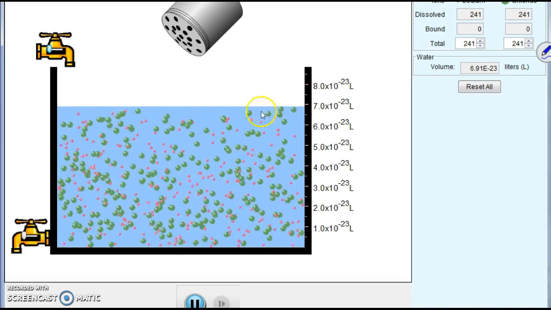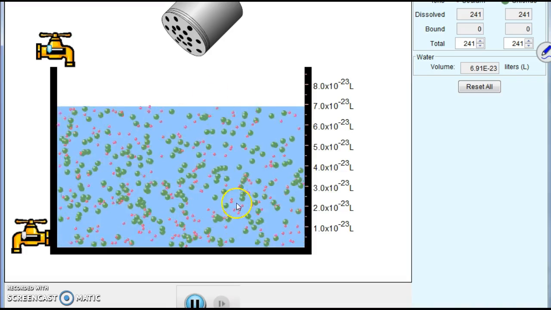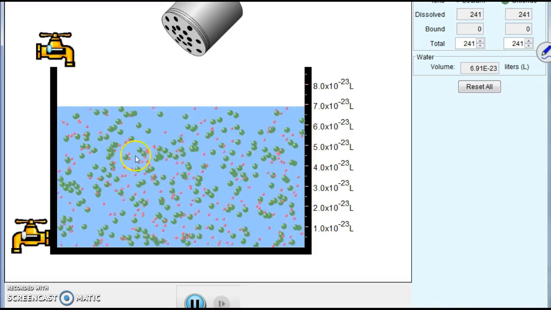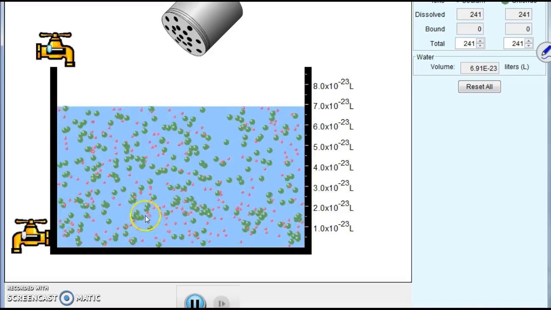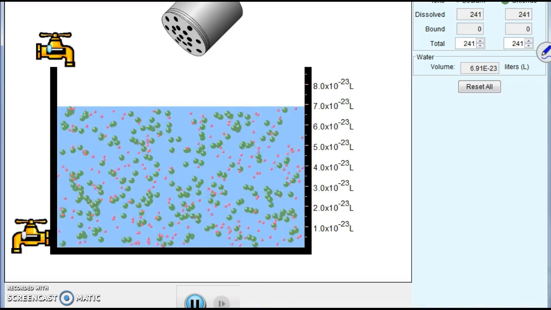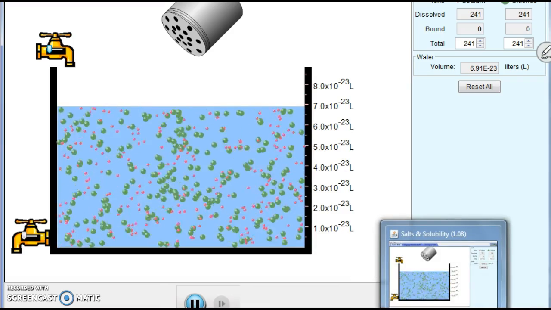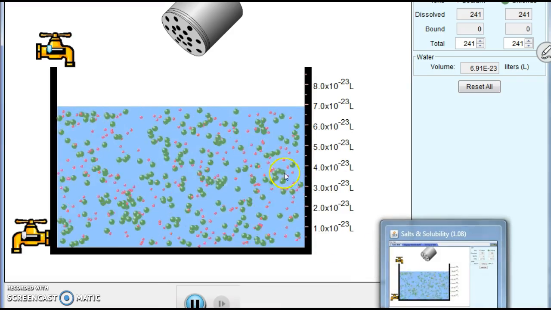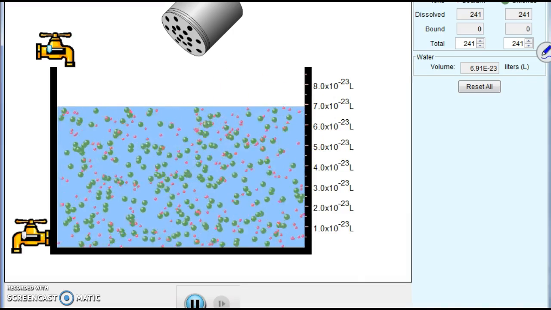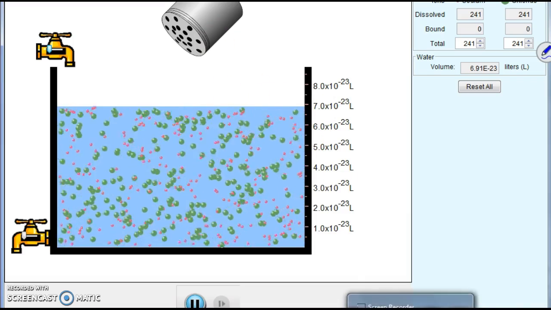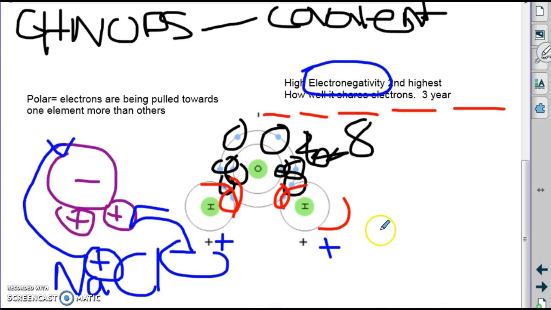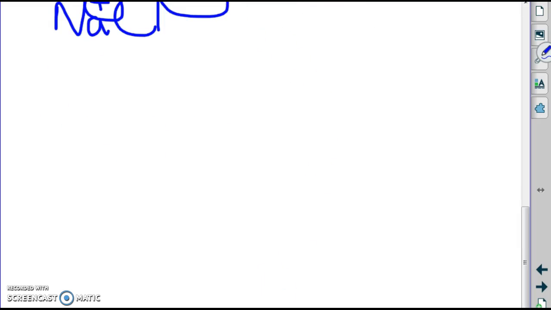So if I add more water, really what I'm doing is adding more hydrogen and oxygen for those to kind of go around, right? And so what's going on here is the same thing with sugar. So sugar, because it is C6H12O6 and it's got that O in there, it becomes a polar molecule, right?